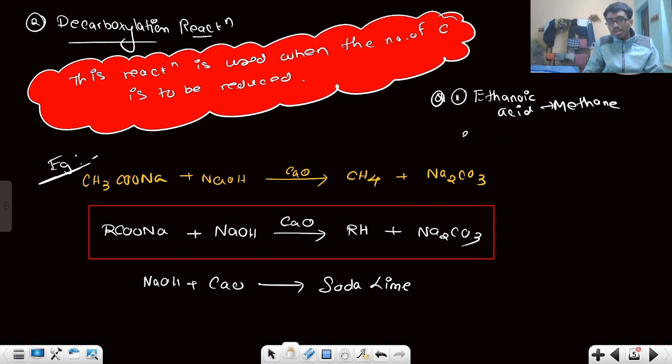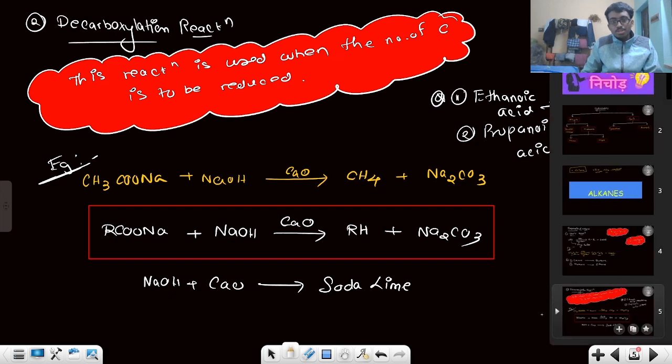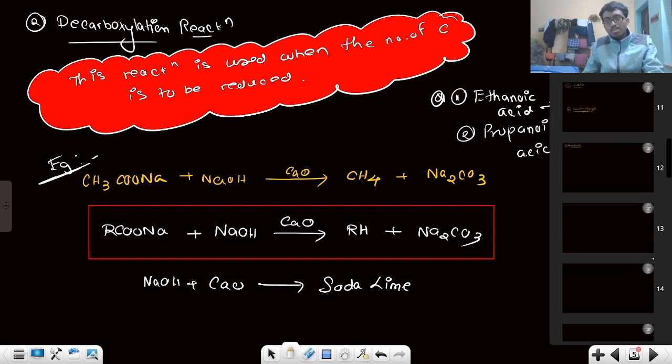Ethanoic acid to methane, or suppose propanoic acid to ethane. This way. Clear? These were actually class 10 questions, if you remember. Now how to go from this to this?